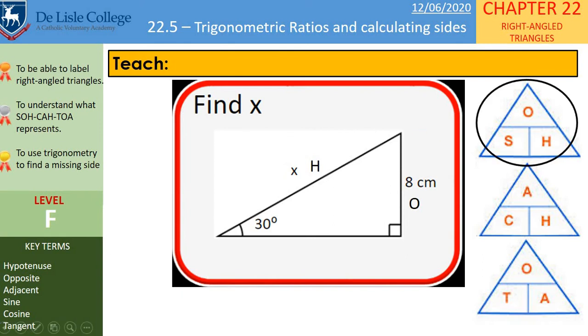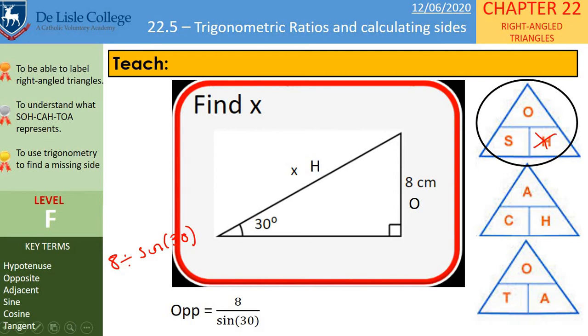It's sine, all right? Now, if we're trying to find the thing that's missing, so we're trying to find the hypotenuse, we're using opposite divided by sine, and sine is our angle. So in your calculator you can write it as a fraction, so fraction button 8, which is our opposite, divided by sine 30, or if you want to, you can write it like this.